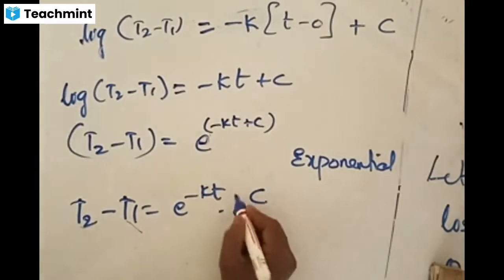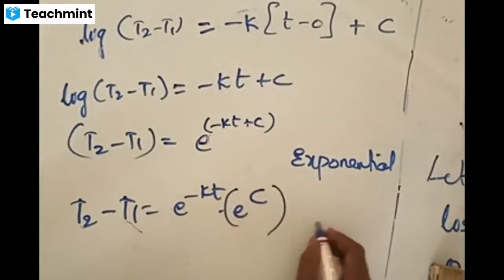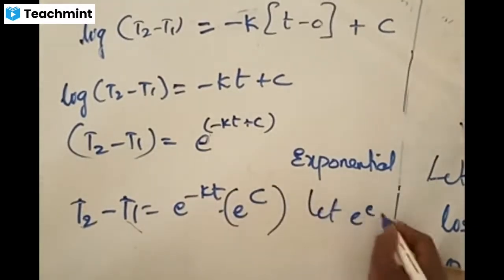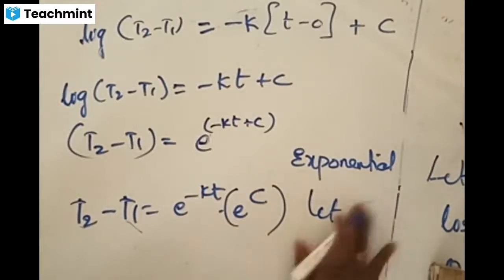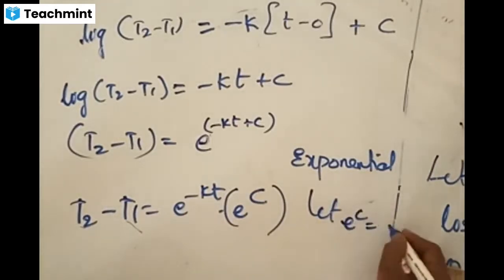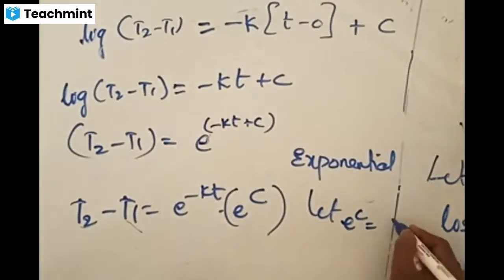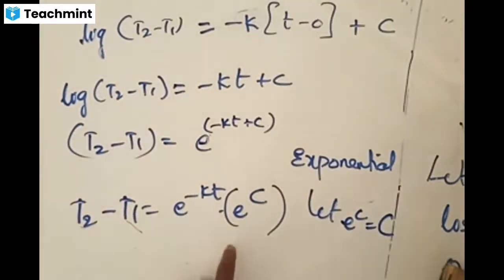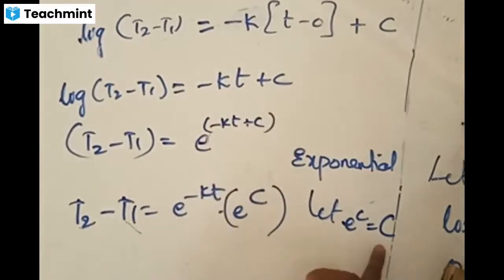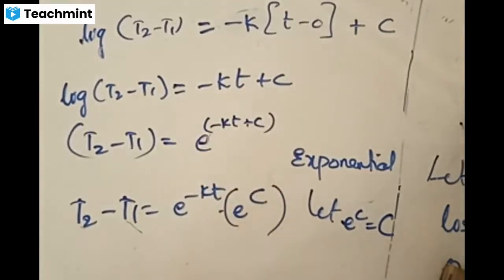And we say this one as a new thing. Let us put e to the power of c as a capital C. We will put this e to the power of c as a new constant value in the form of capital C; this is small c, this is capital C. It is taking the same notation as in the textbook, and accordingly I am following that. You should be a little careful while writing this equation.